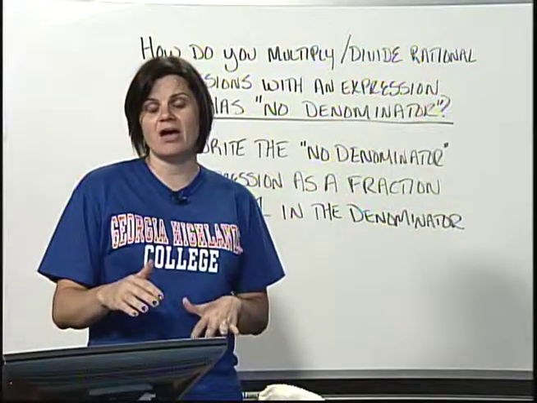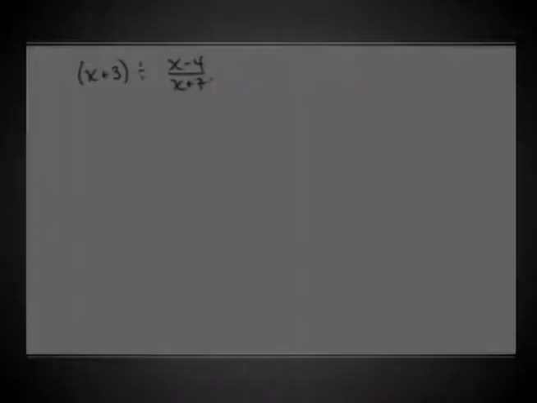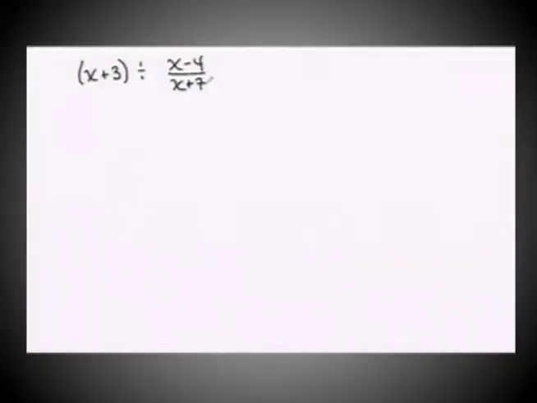Let's take a look at an example of dividing with this type of rational expression. So we have the example x plus 3 divided by x minus 4 over x plus 7. And the first thing I'm going to point out is that this entire x minus 4 is a factor and the entire x plus 7 is a factor as well. But I'm trying to divide with x plus 3, and when it's written this way, it does not look like a rational expression, which could confuse you if you're not aware of what you can do.